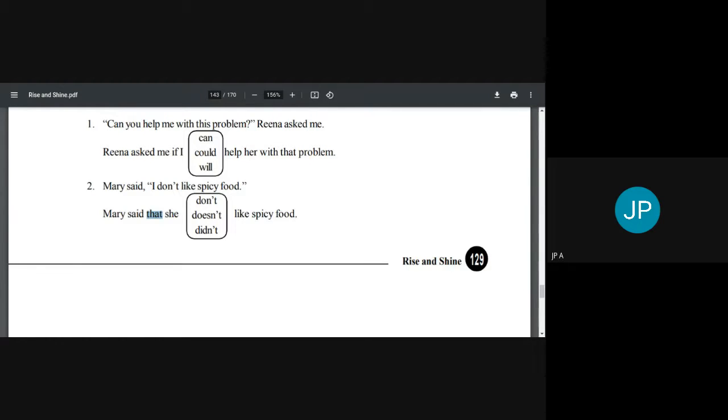Mary said that. It's a plain statement. So exclamatory sentences and plain statements, declarative sentences, we use that. With questions, yes or no questions, we use if or whether. With WH questions, we use the WH question word itself. And with imperative sentences, that is command or request, we use to.